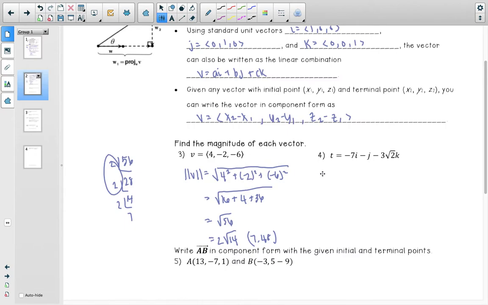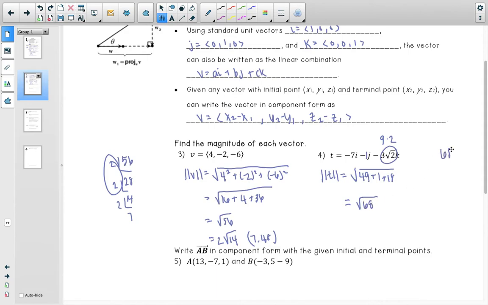Okay, now that you've come back to me, let's go ahead and figure this out. You would have negative 7 squared, which is 49. You'd have negative 1 squared, which is 1. And you'd have this squared, so you square the 3, which is 9, and the square root of 2 squared is 2, so you get 18. If you add all that together, you get 68.